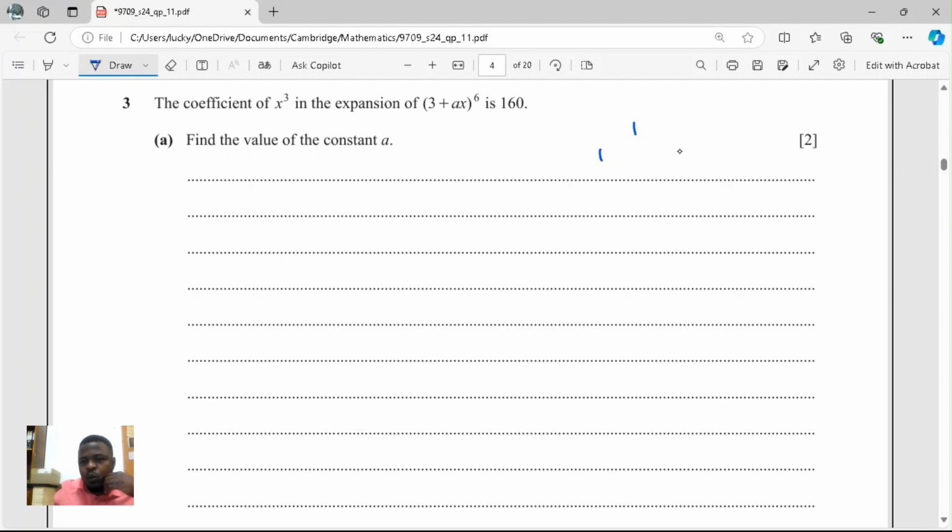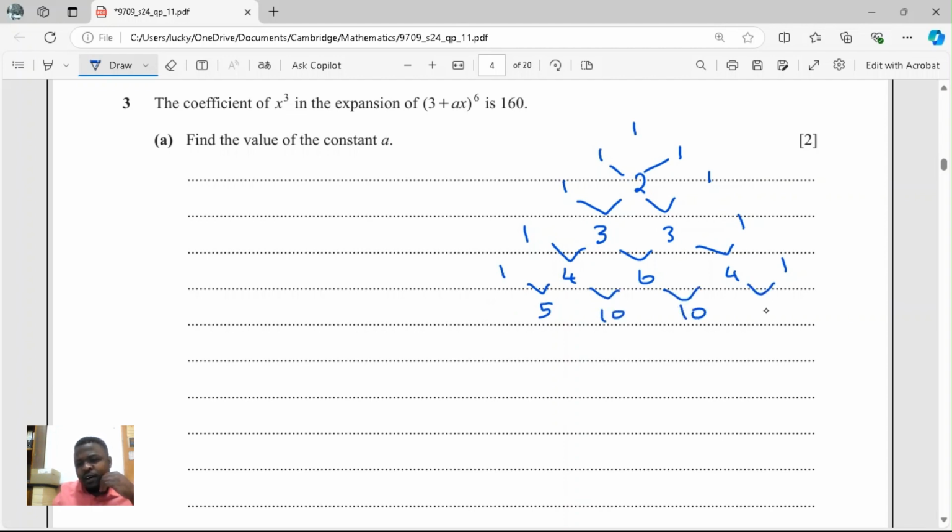1, 1, 1. That's the bell. Then 1, 2, 1, because these two give you that. These will give you 3, 3, and then we put a 1 and a 1. These two will give you a 4, a 6, a 4, and then 1, 1. These will give us 5, 10, 10, 5. Then you put your 1, 1.